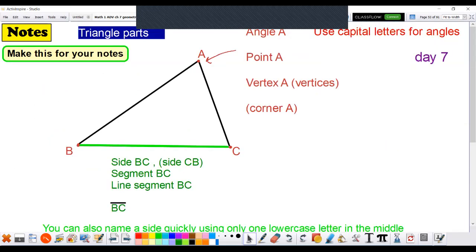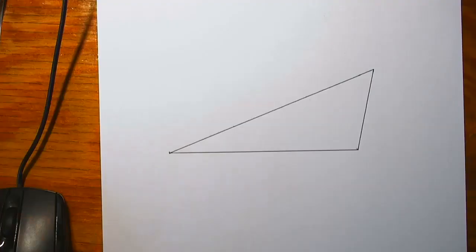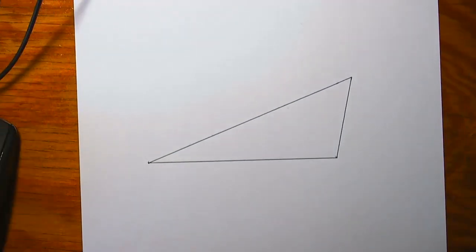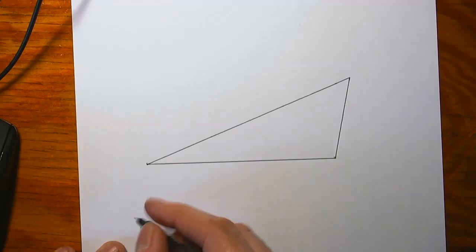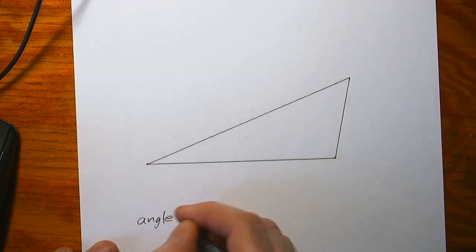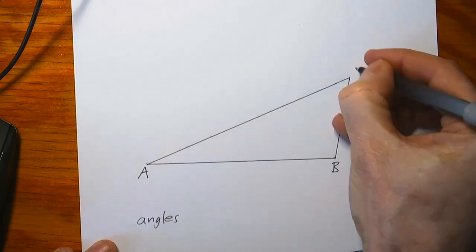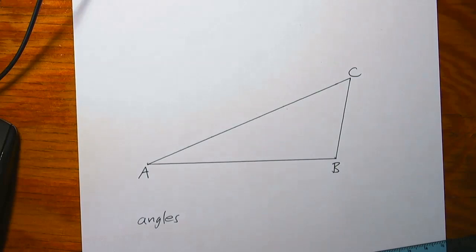I'm going to do this on a piece of paper, but you can also look at this slide. With this triangle, there's a lot of neat things, and you're going to get a worksheet today with some interesting things about this. First of all, to describe this triangle, let's name the angles, and we use capital letters. So how about we use A, B, and C again? Doesn't matter which order.